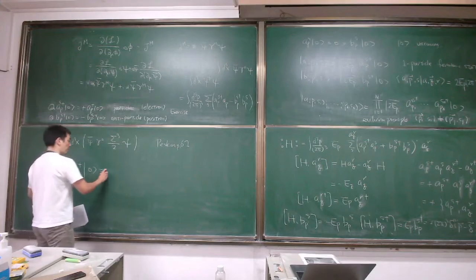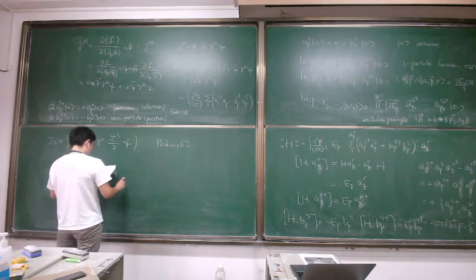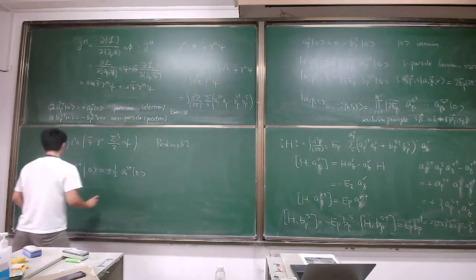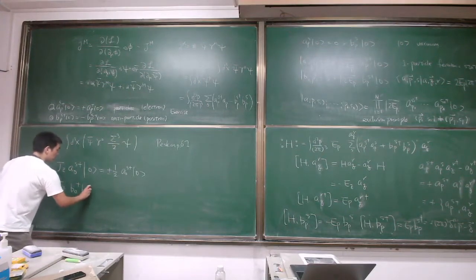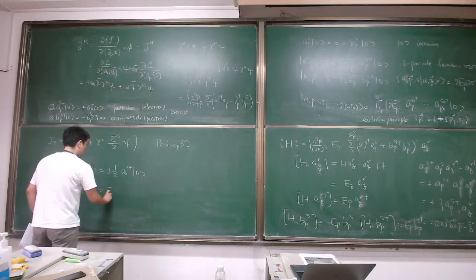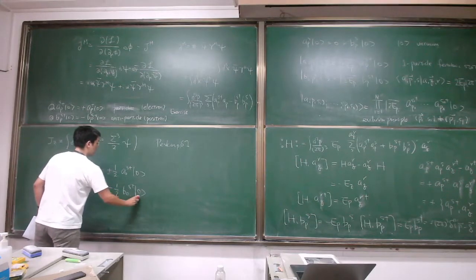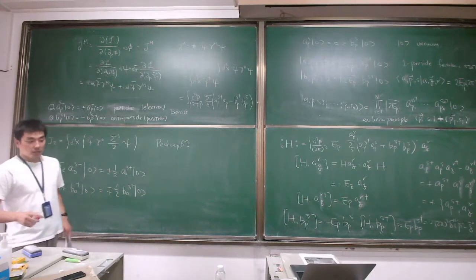You get plus-minus 1/2 a_0^s dagger |0>. On the other hand, if you act on the b_0 state, you get a different sign, minus-plus 1/2 b_0^s dagger |0>. You have to do this kind of computation by using the Fourier transformation.